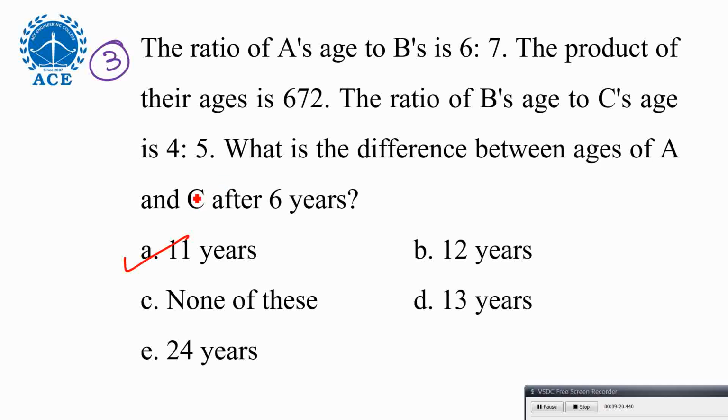Some people may be thinking the question in a wrong way. C after 6 years, sir. So only take C after 6 years, take A present. No. You take that only when they mention find the difference between present age of A and C after 6 years, or age of A now and C after 6 years. Then only A present and C after 6 years should be considered. Otherwise, that "after 6 years" is common for both A and C.